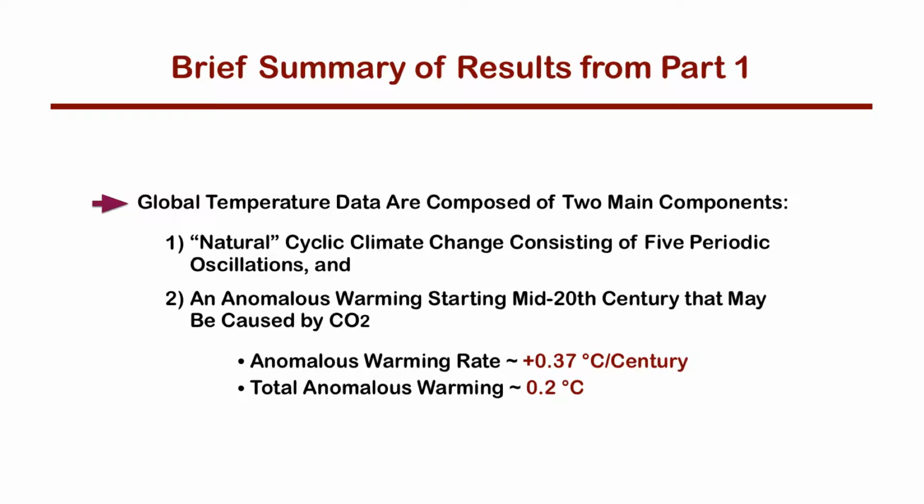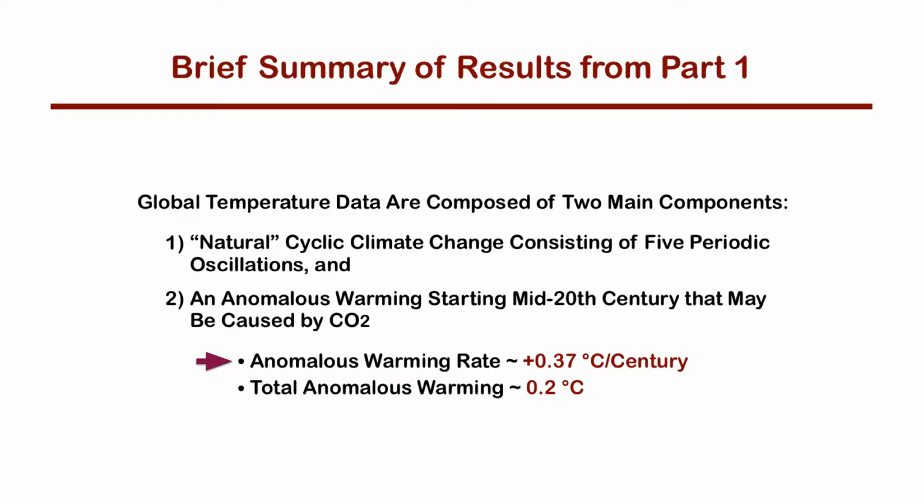Before we get to that, though, I want to just briefly summarize the results from Part 1. The major result was that global temperature data are composed of two main components: a natural cyclic climate change consisting of 5 periodic oscillations, and an anomalous warming starting in the mid-20th century that may in fact be caused by CO2.